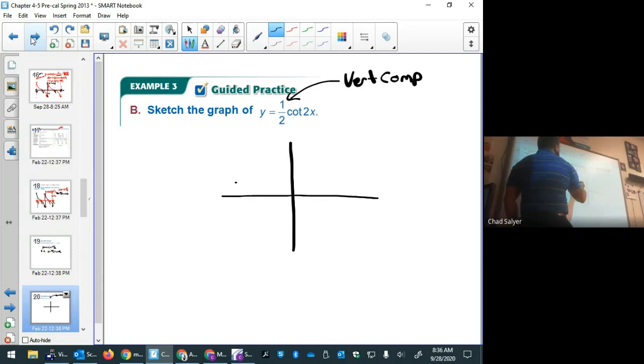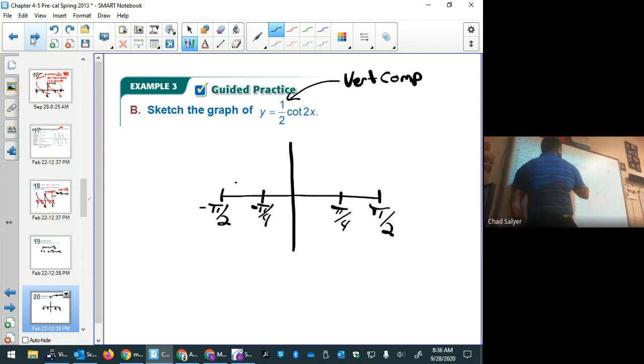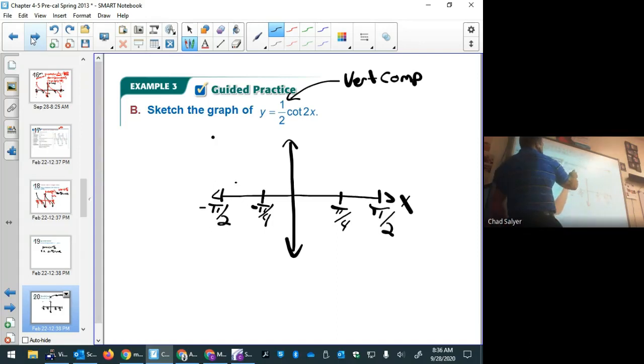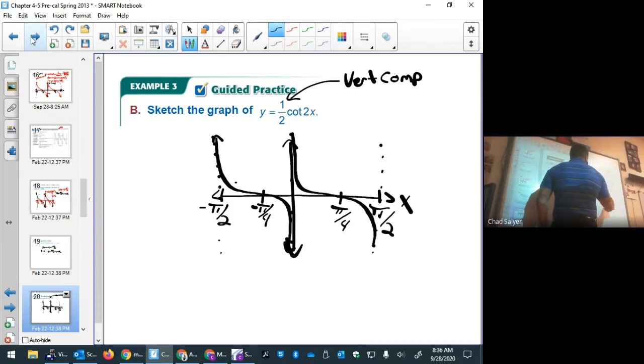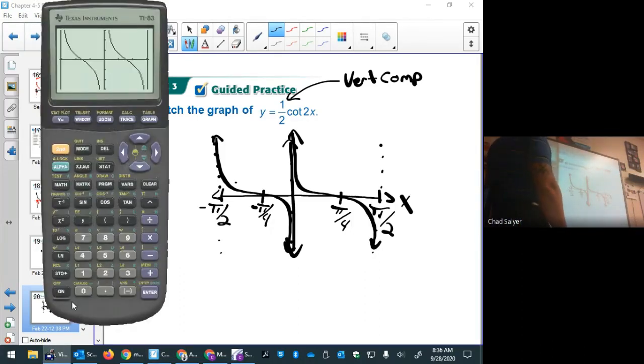So if we go from negative pi over 2 to pi over 2, it's here. Our asymptotes we previously described, and just, like I said, flatter towards the x-axis. That vertical compression will have that effect.